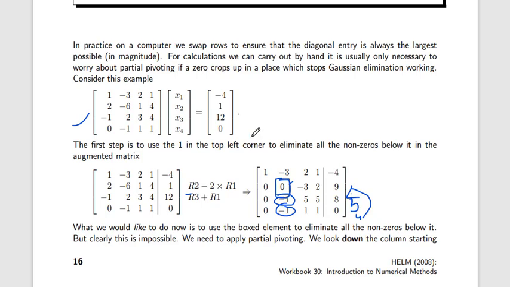If it does not, then with the help of partial pivoting we can change the rows. The third row will become the second row, or the fourth row will become the second row. We will interchange two rows. So this is partial pivoting.